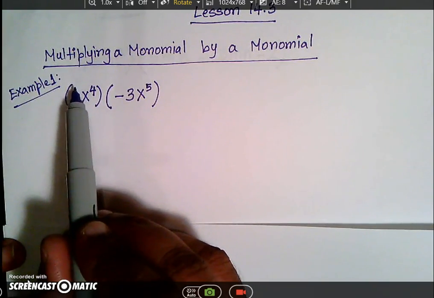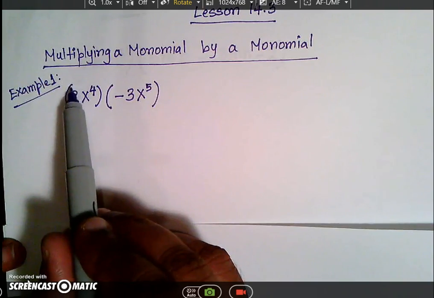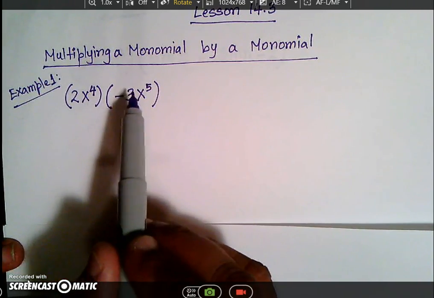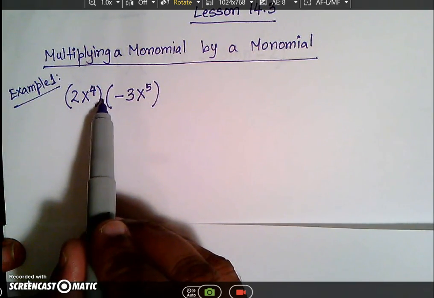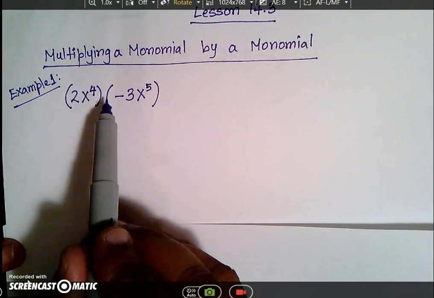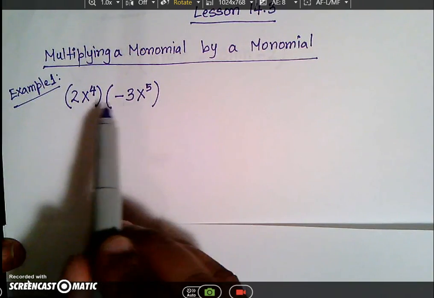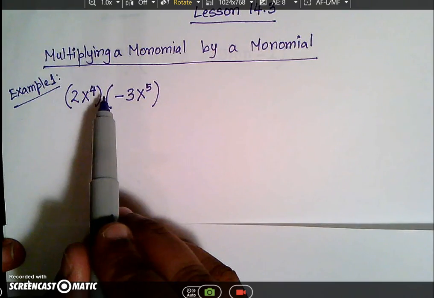So you can see that yesterday when we were talking about adding and subtracting polynomials, I was telling you guys that it'll be differentiated using parentheses, and whatever is in between the parentheses is the operation that's taking place between the two polynomials. So as you can see, this is a monomial and this is another monomial separated by two parentheses, and the operation in between is a multiplication.